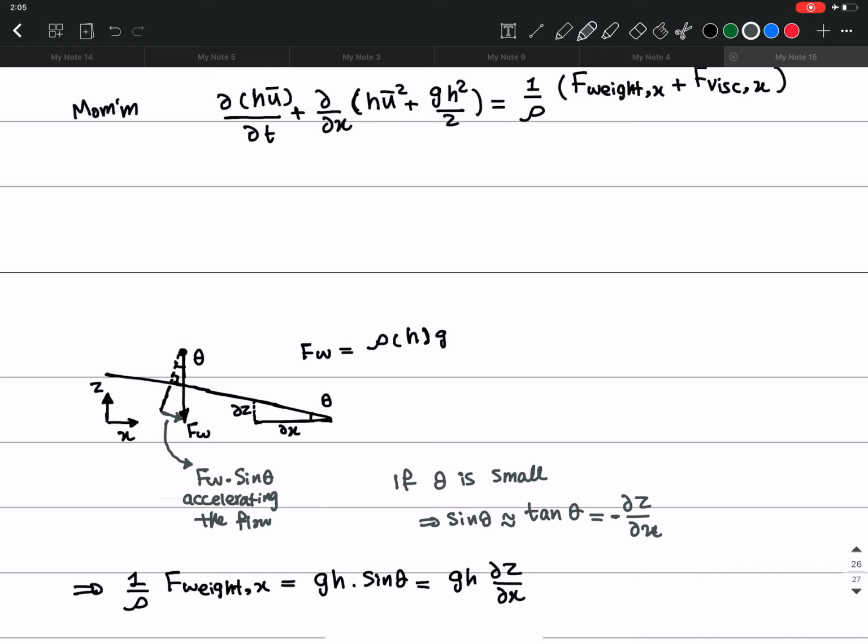So the sine of theta is a positive number here, right? But partial z over partial x, because z is kind of decreasing, is a negative number. The slope with respect to z is negative. So the tangent of theta should be, if this is partial x, so let me write it this way.